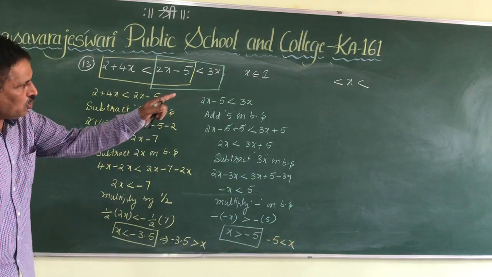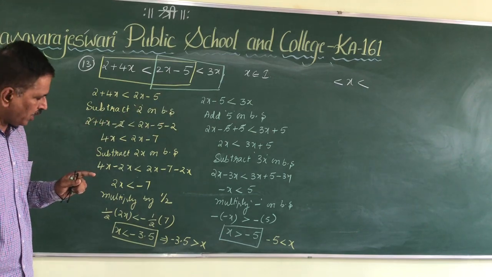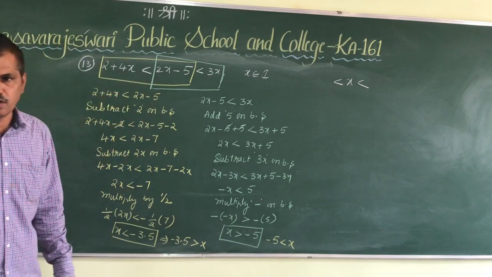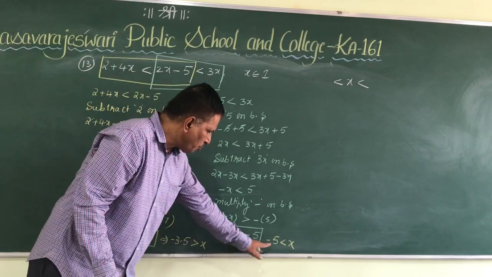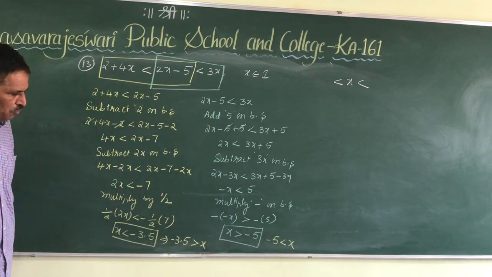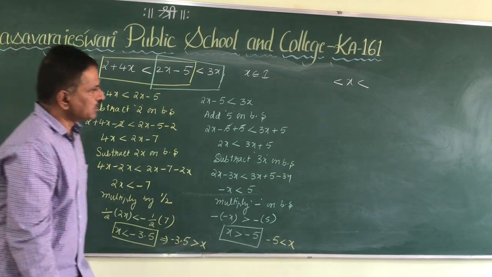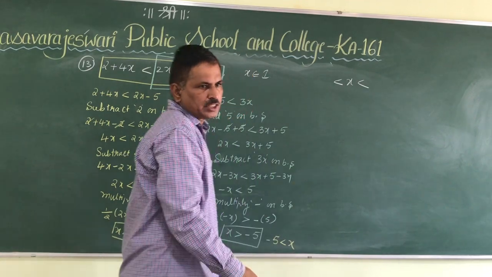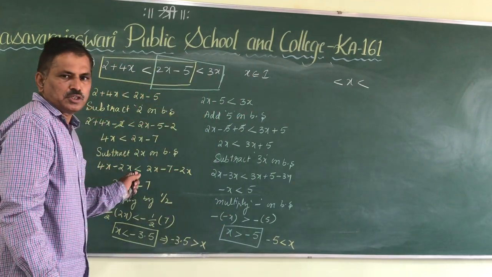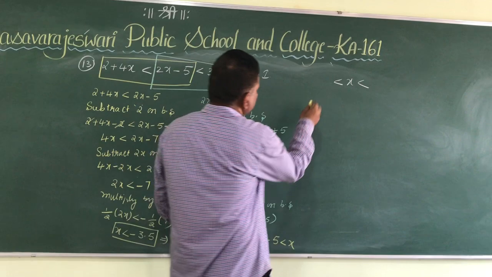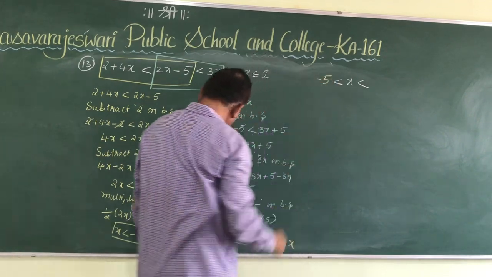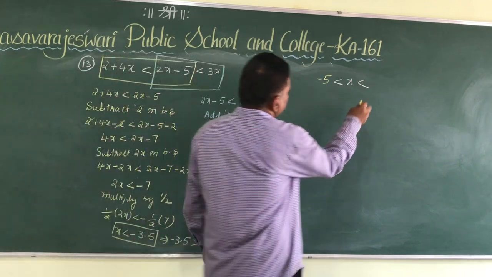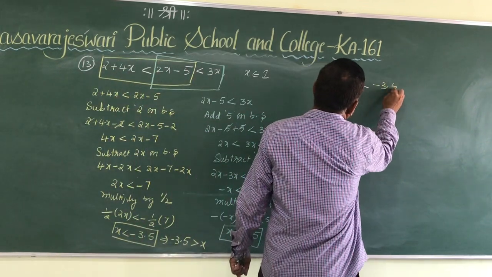Okay. So to write the solution, we have to write the values which are present between minus 3.5 and minus 5. Among these two, which is the least value? The least value is minus 5. So minus 5 you write on the left side of the x, because the least value will be on the left side. And the greater value you write on the right side, that is minus 3.5.